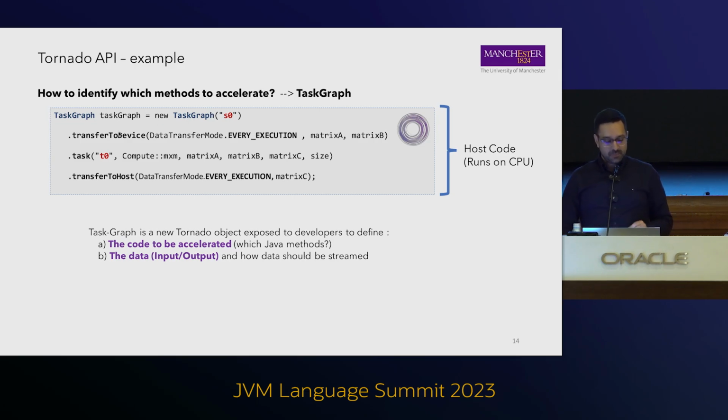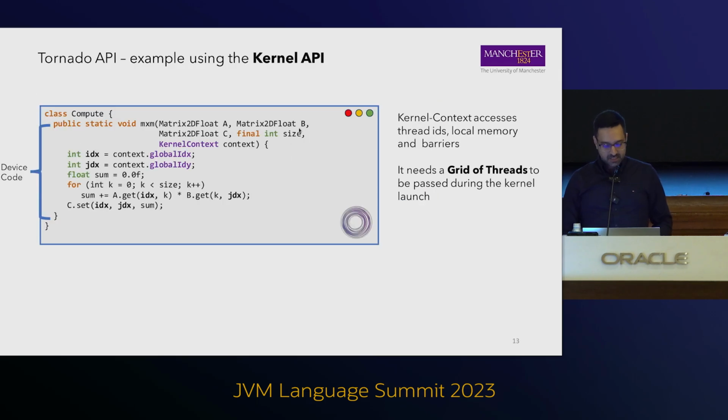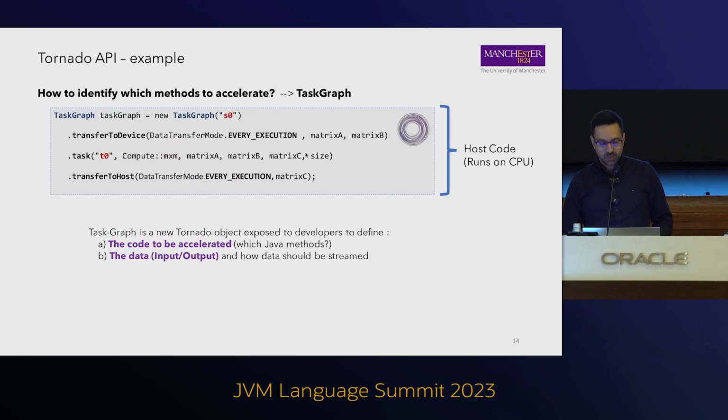Then we have a method called transfer to device and another transfer to host. Again, usually accelerators don't share memory. So we have this concept of sending data back and forth. And remember, we have the matrices. We have A and B as an input, C as an output. So we pass A and B as an input, transferred from host to the device.